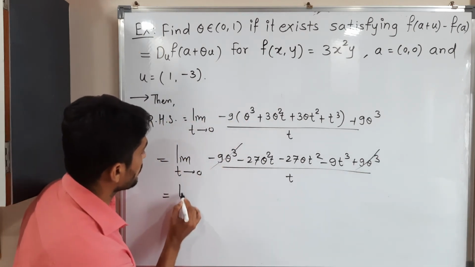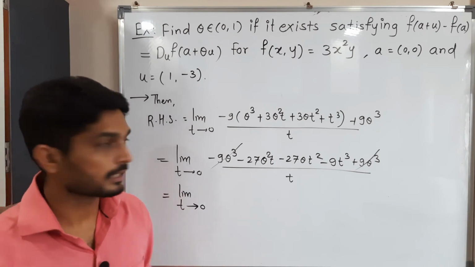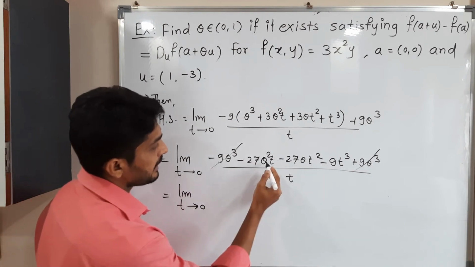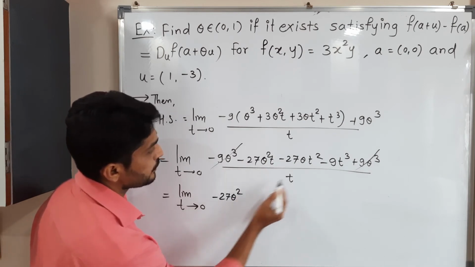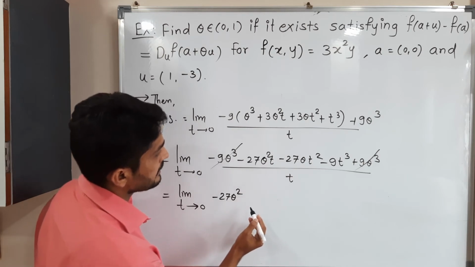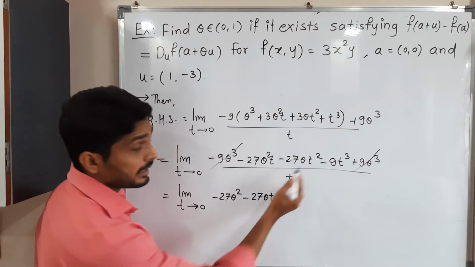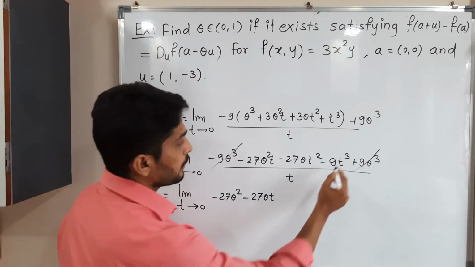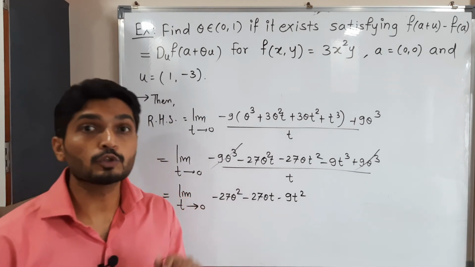So this is equal to limit t tends to 0. I will divide separately. This term upon t, t and t will get cancelled. Minus 27 theta square. This term upon t, t will get cancelled. So minus 27 theta t. One t will be there, since t square is there. One t will get cancelled and minus 9 t square will be there, since already t cube is there.